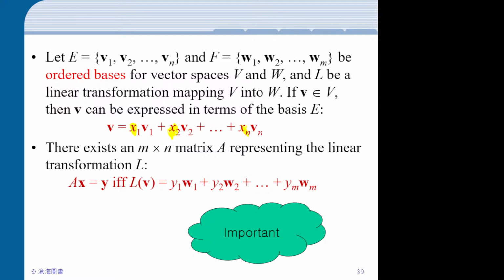And similarly, you map this v to something inside W, that's L of v, and it has another coordinate vector according to those w. So this y1, y2 to ym.